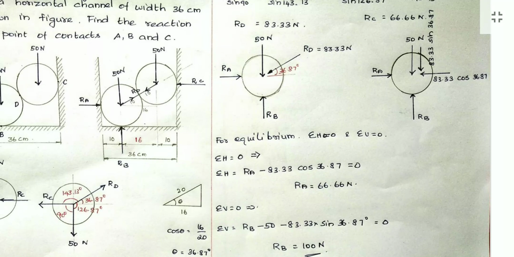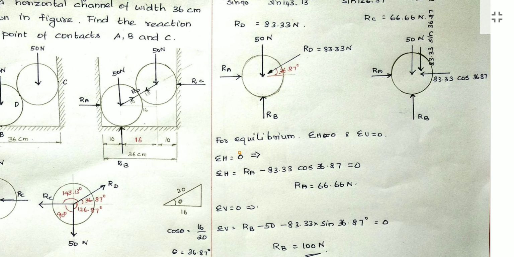We have RA horizontal, 50 vertical, RB vertical, and only RD is the inclined force. So RD we have to resolve into two components, one horizontal and one vertical. The horizontal component becomes 83.33 cos 36.87. The vertical component is 83.33 sin 36.87. So we resolved all the forces horizontally and vertically.